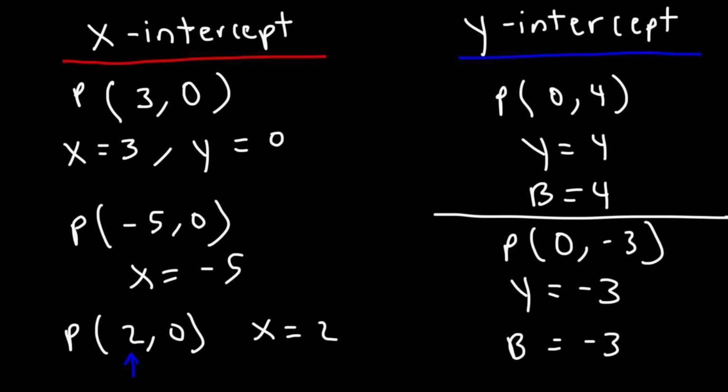The y-intercept is the y-coordinate of a point that has an x value of 0. So for this point, the x value is 0, but the y-intercept is the y-coordinate of that point. So it's y equals 4 or b equals 4. So that's the basics of the x and y intercepts.